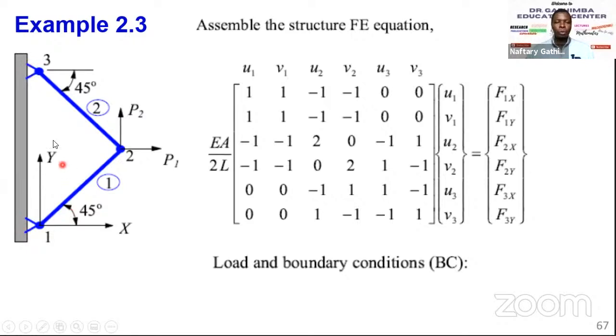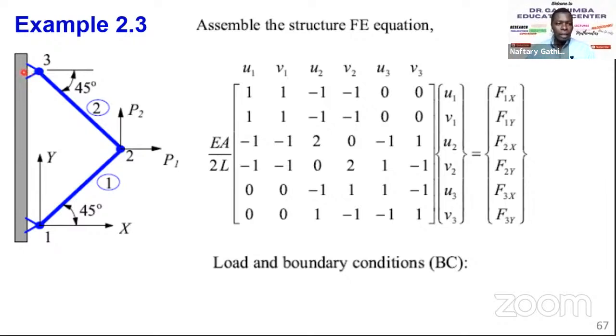These are pins, or hinges. That's why this truss might not stand, unless you assume node 2 is not pinned, otherwise it can collapse. But anyway, for illustration purposes, being pinned, it means rotation is allowed, but no translation.